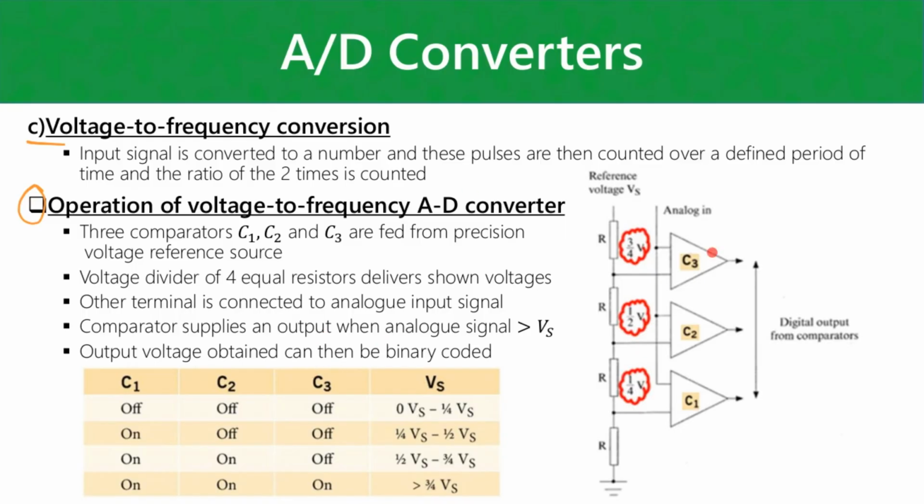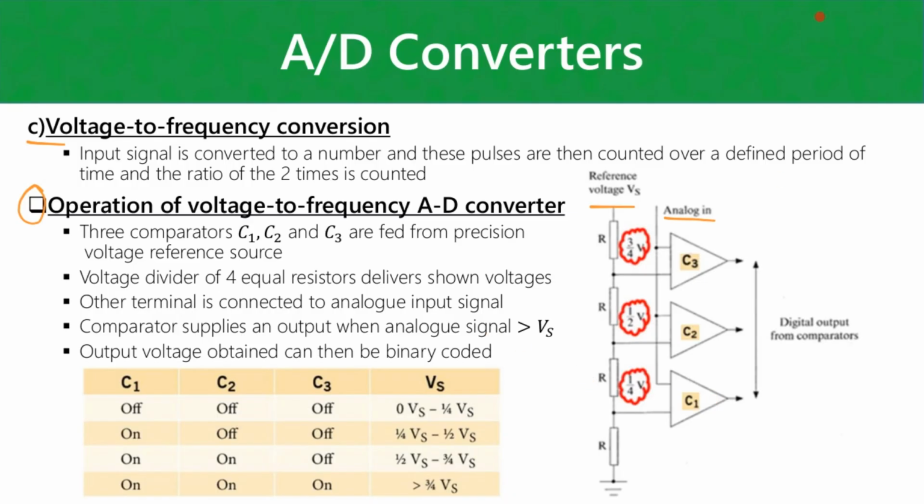So you have three comparators, and then you have a reference voltage that is divided up into three other voltages. Here you have your input, and you're basically comparing your input to three different reference levels, and that's going to determine the output of your comparators.